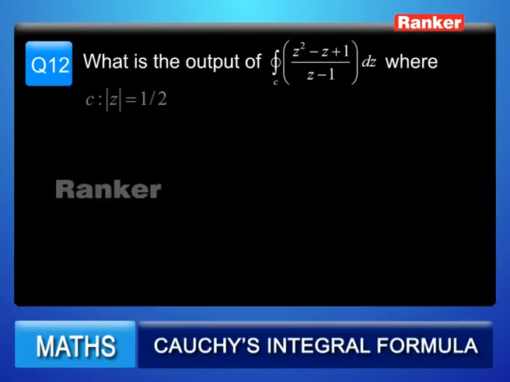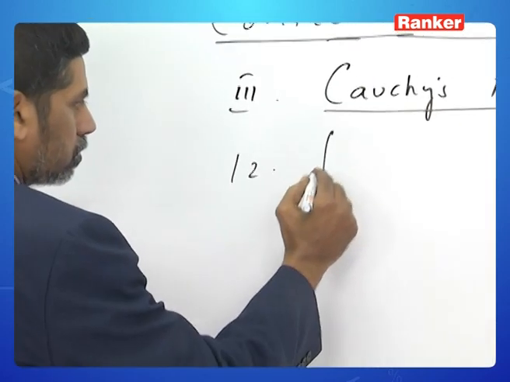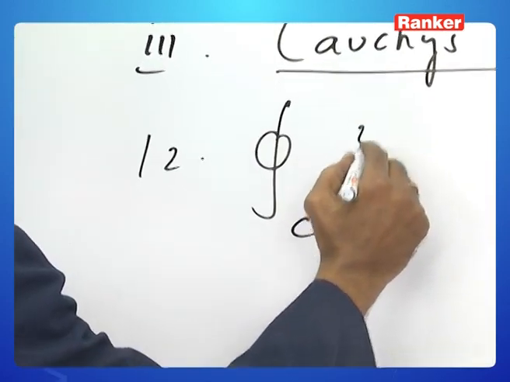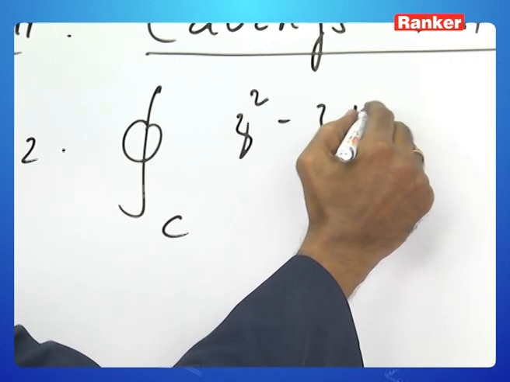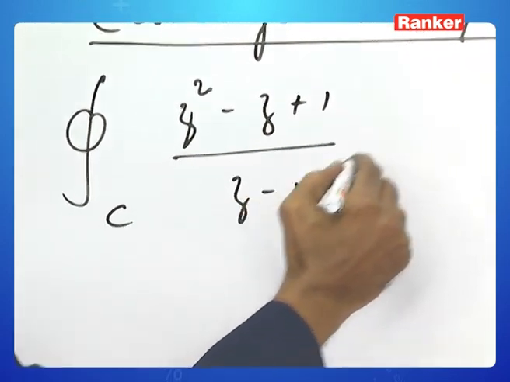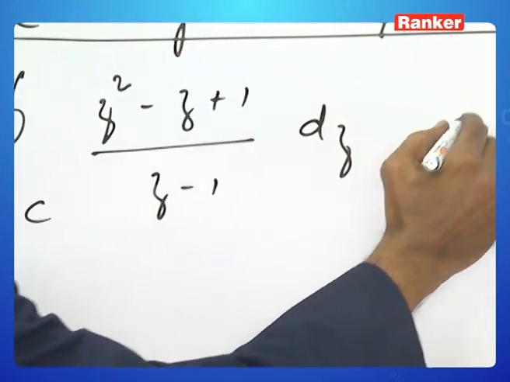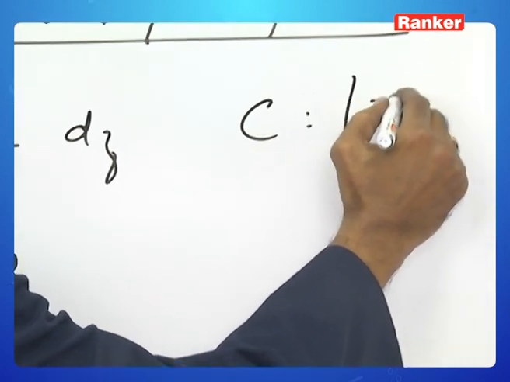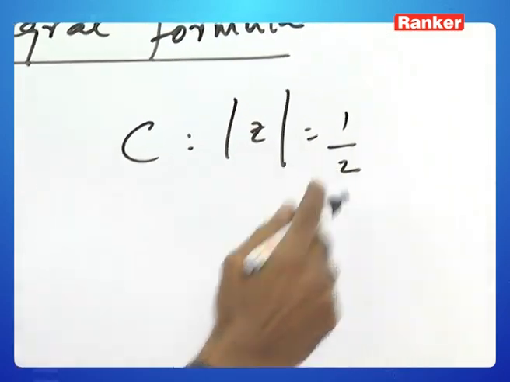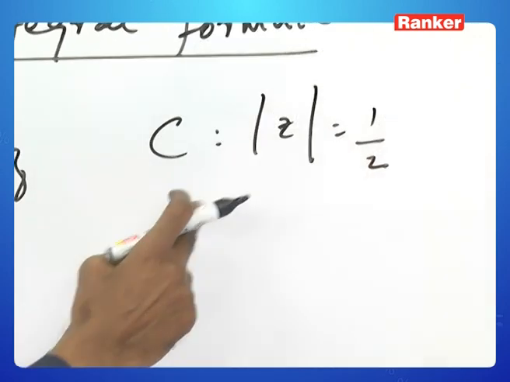Question number 12. What is the output of the integral of (z squared minus z plus 1) by (z minus 1) dz, where C is the contour mod z is equal to half? Okay, first let us draw this.